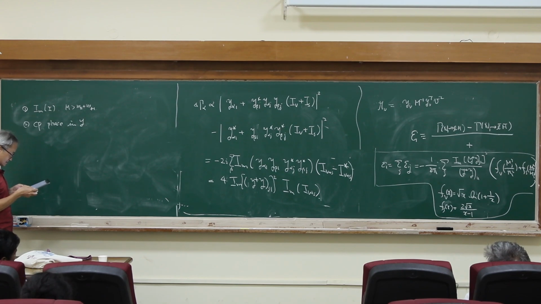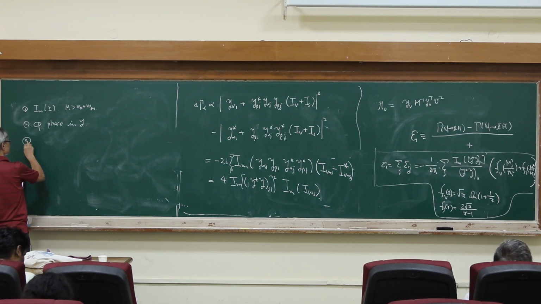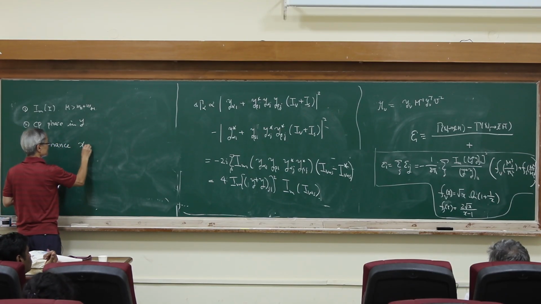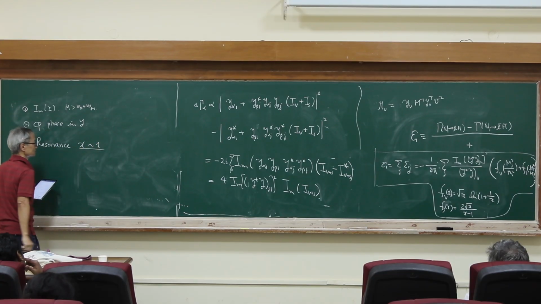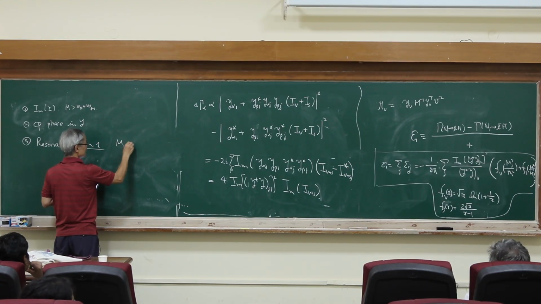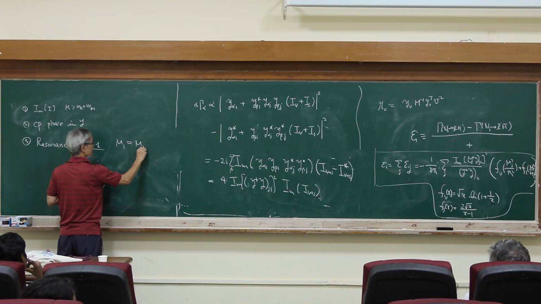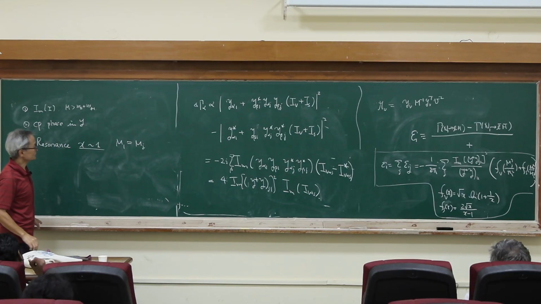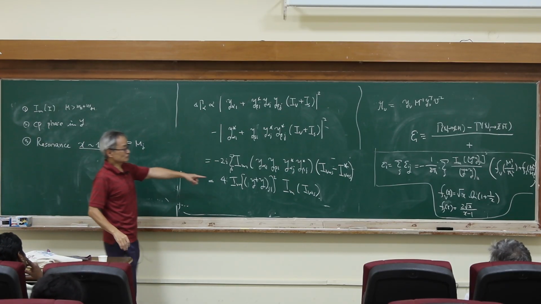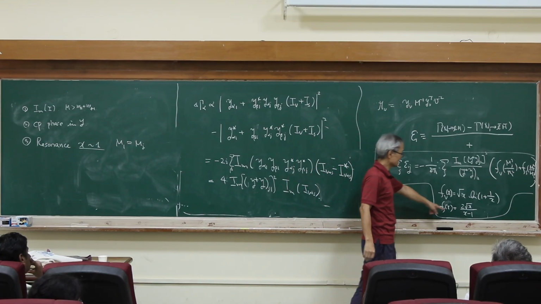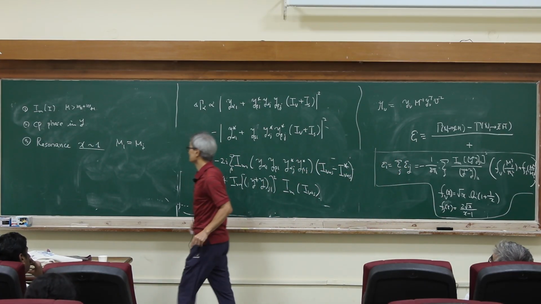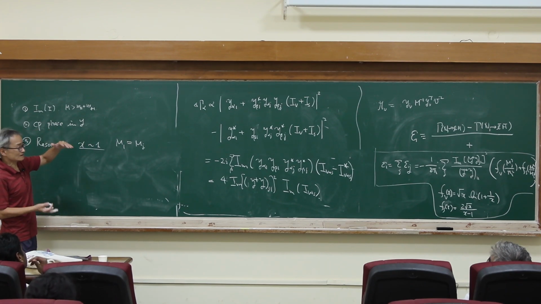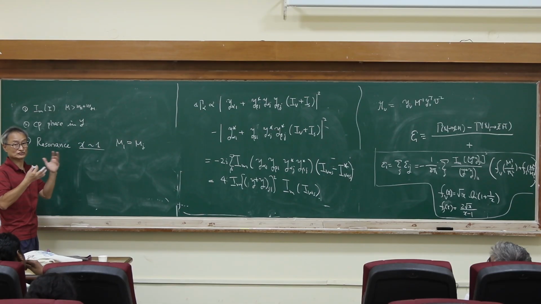And there could be a resonance effect. If one of the right-hand masses is very close to the lightest one, then there could be huge enhancement. Typically, this leptogenesis works at higher mass, say 10 to the 10 GeV.